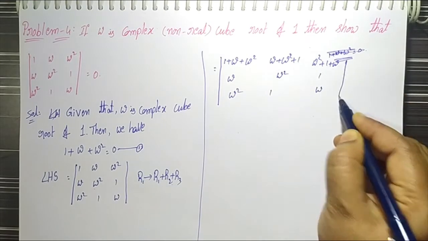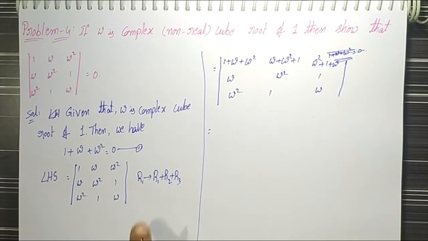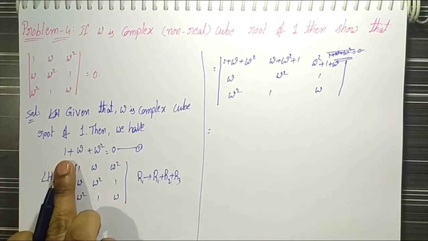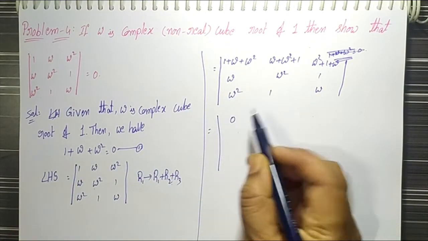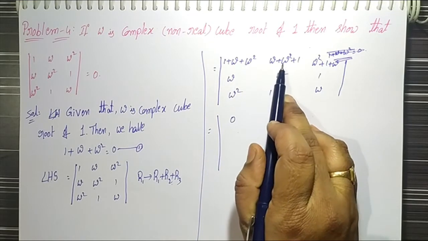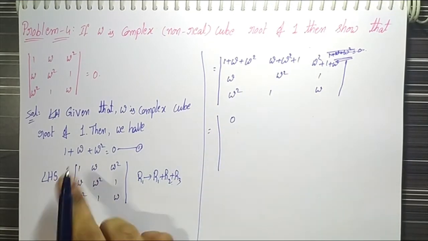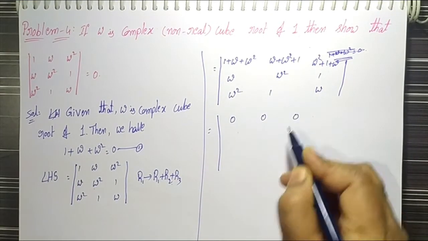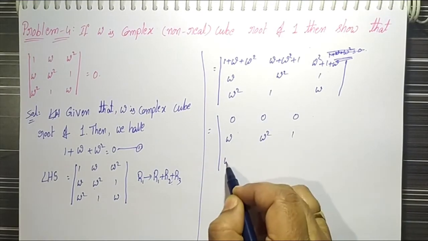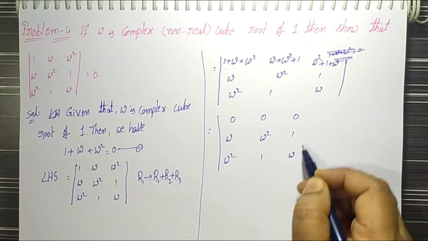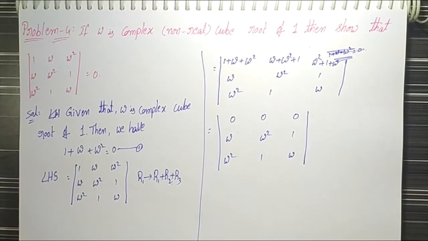Then that is equal to, already from the first equation, 1 plus omega plus omega square is 0. So the determinant has 0, 0, 0 in the first row, since omega plus omega square plus 1 is nothing but 0, and the remaining rows are omega square, 1, omega. Already we know the properties of a determinant.